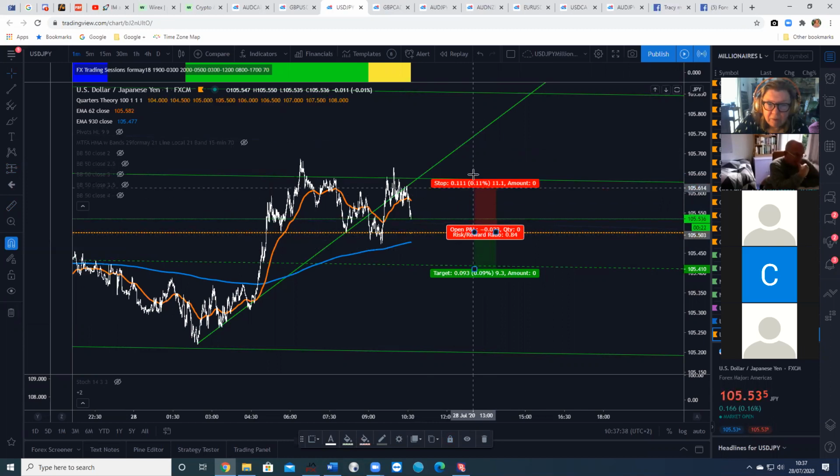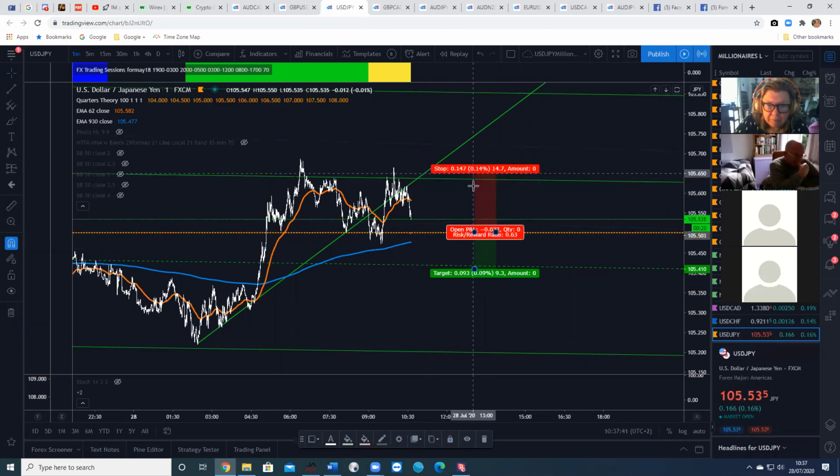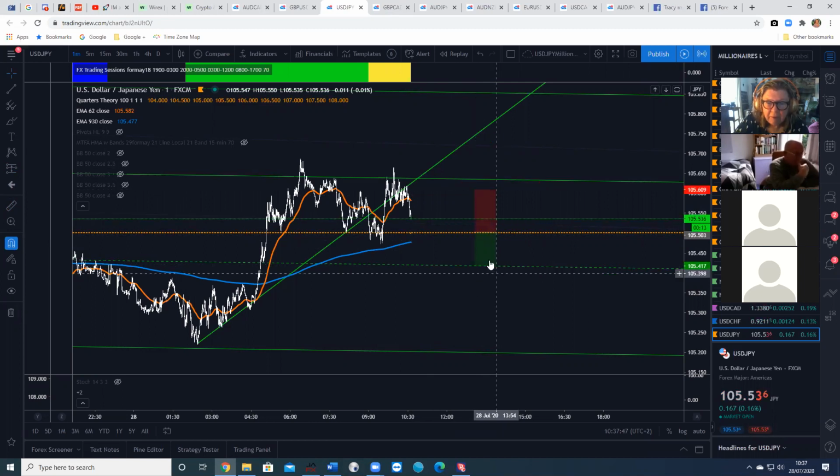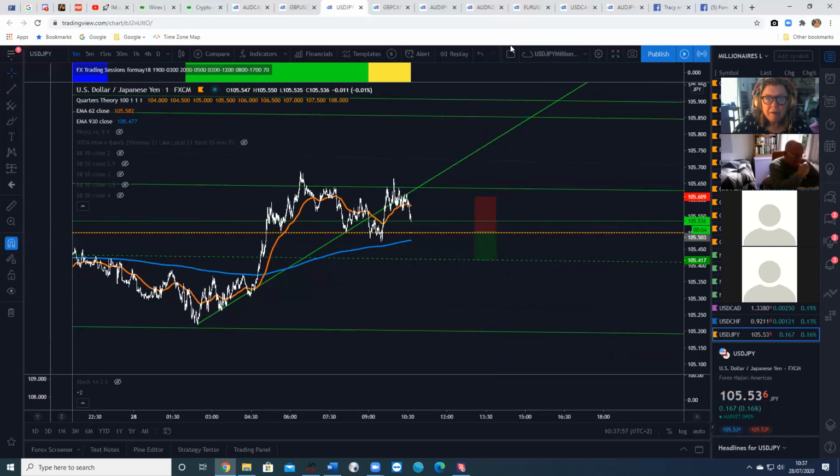You've got to increase that to about 15, and you've only got 8 to 9 pips before it hits that there. So I wouldn't personally like that as a setup myself. I wouldn't want to bother with that one till it moved on a bit. So that's USJPY.